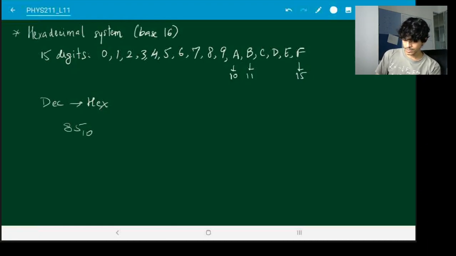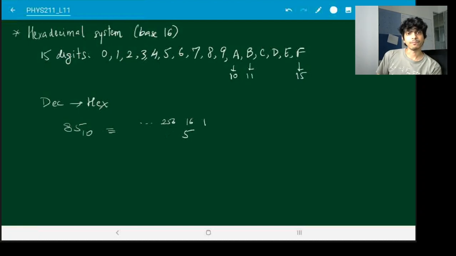The first way is normally just powers of 16: 1, 16, 256, and so on. But we don't need 256. How many helpings of 16 do you need to make 85? You need 5. So 16 times 5 is 80.